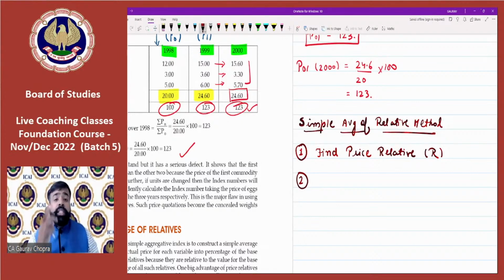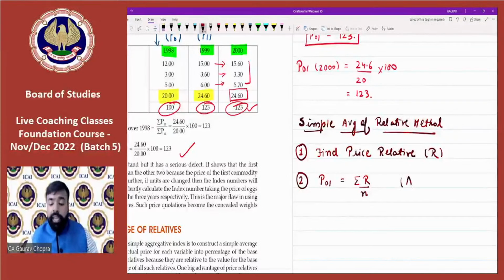Let's say we have 3 commodities; we have to find the relative for each and every commodity, and after that we can calculate the average, that is P01.